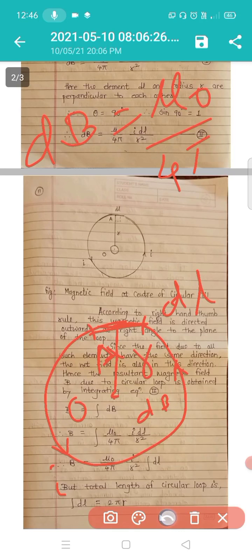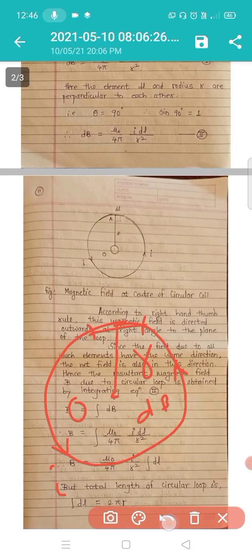We have to calculate the magnetic field at the center of the loop due to a current element dl by using Biot-Savart's law.